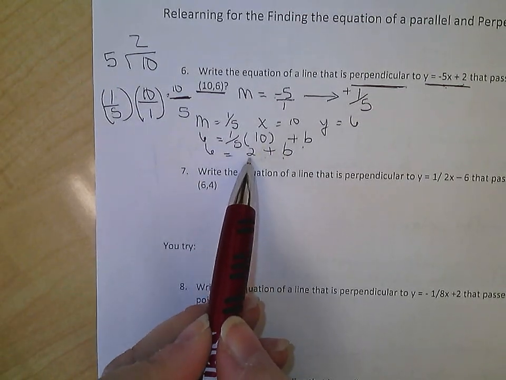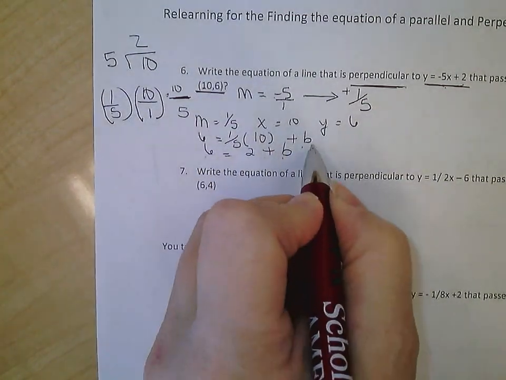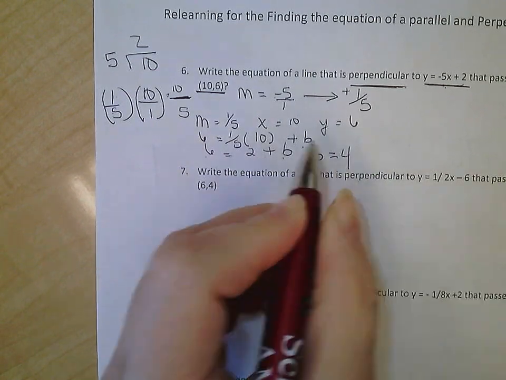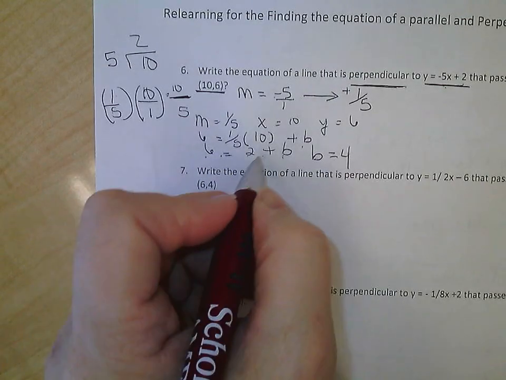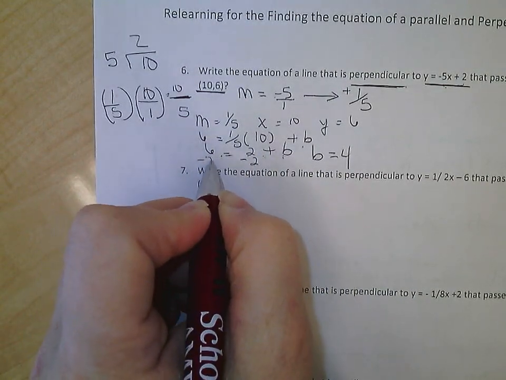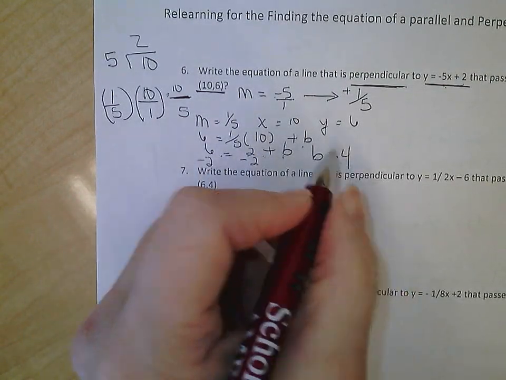What plus 2 gives us 6? We can clearly see that this is 4. 4 plus 2 equals 6. We could also subtract 2 from both sides. 6 minus 2 is 4.